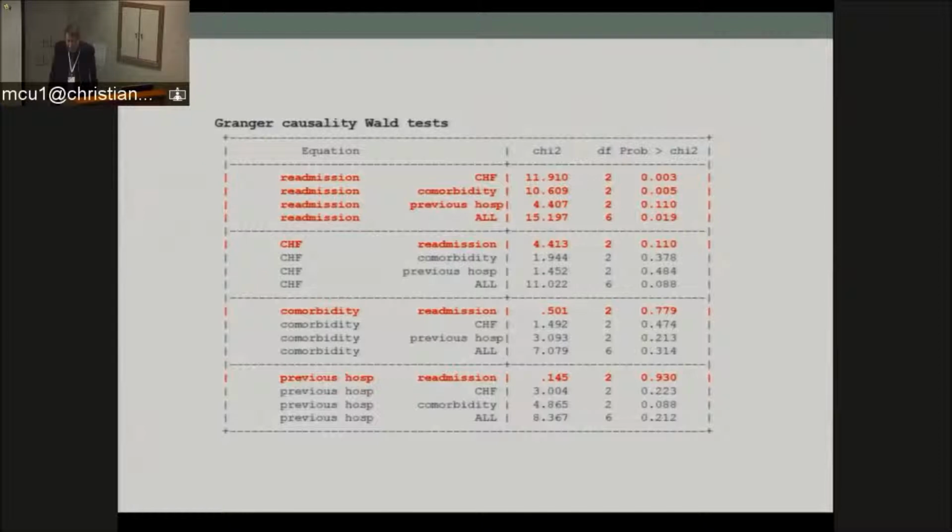Isn't that what you found, in that previous hospitalizations? Yeah. Remember, I'm doing something pretty different than when I just do logistic regression. Oh, this is looking back a step, like an assessment of the lag.